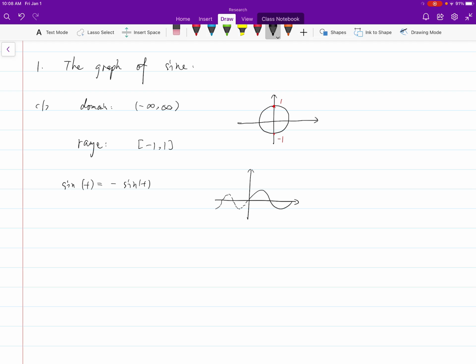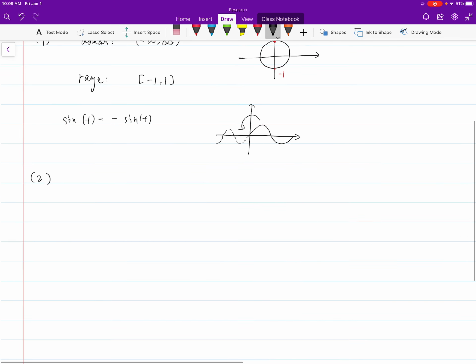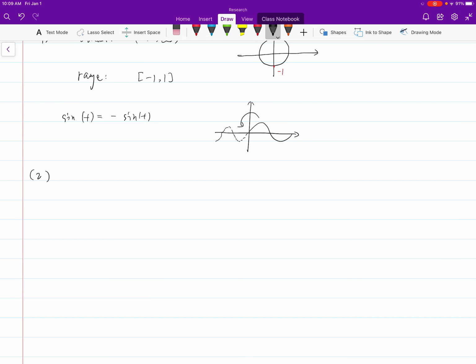Which means if you know half the side of the sine, you will be able to reproduce the other half by simply rotating that whole thing 180 degrees. So we only have to focus on the one from 0 all the way to the positive and do the second part later.